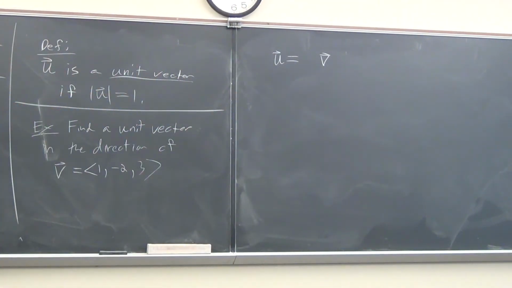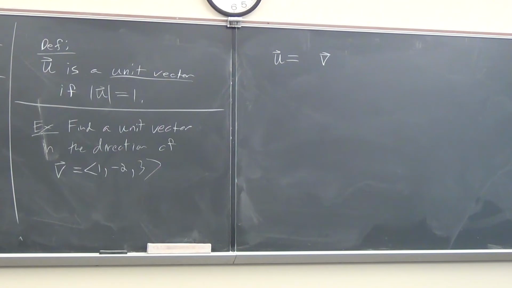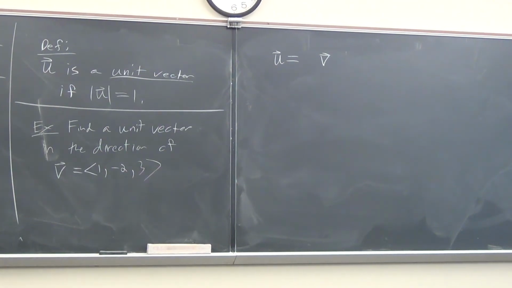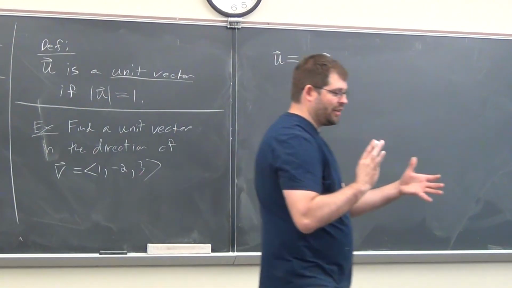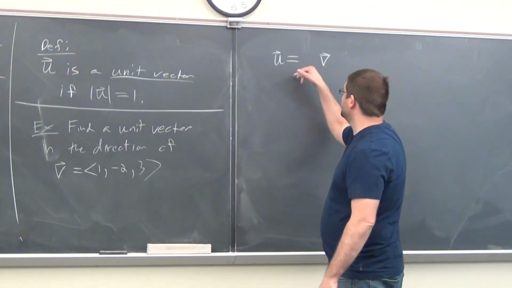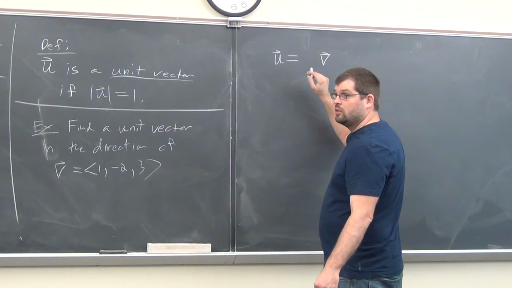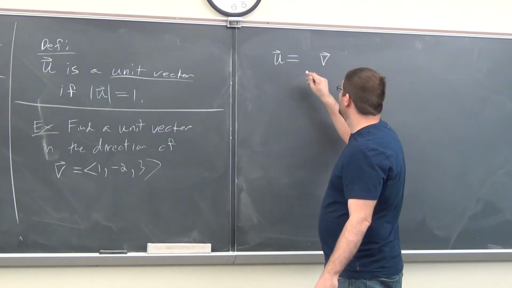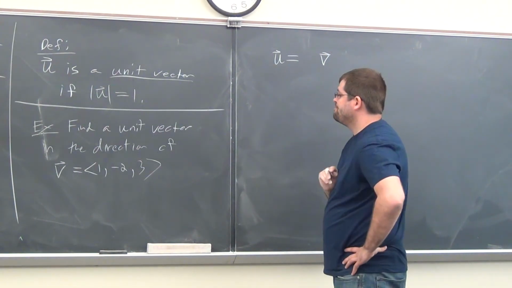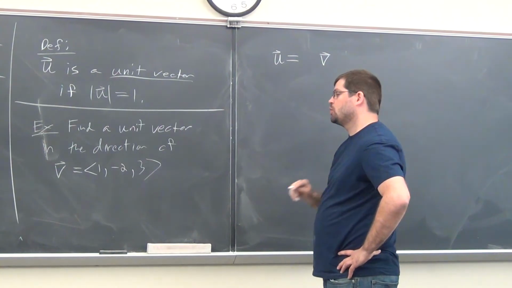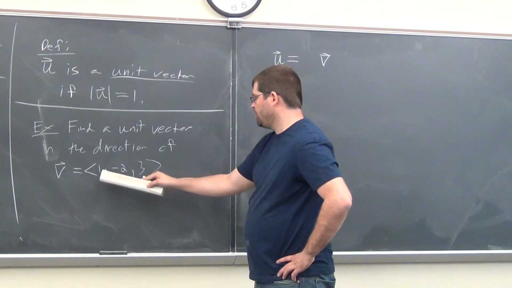We know that multiplying v by some number can stretch or shrink it. If I want a vector pointing in the same direction as v but of length 1, I want to multiply v by something, and what do I multiply by? Can you just multiply by like 1, 0, 0? Well, no, it shouldn't be a fixed thing.